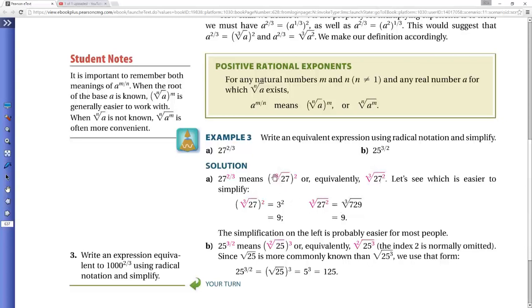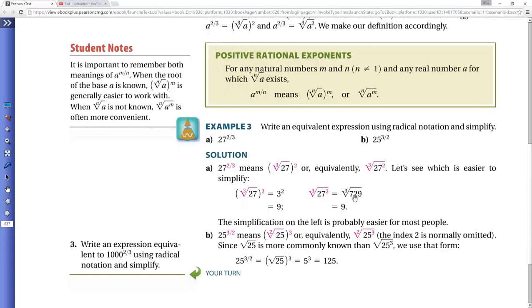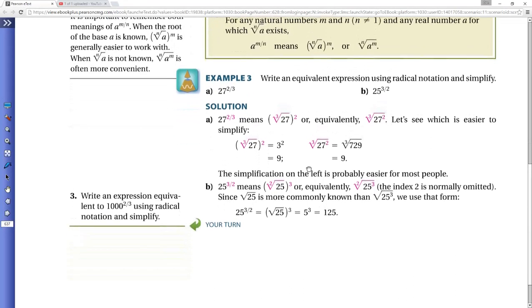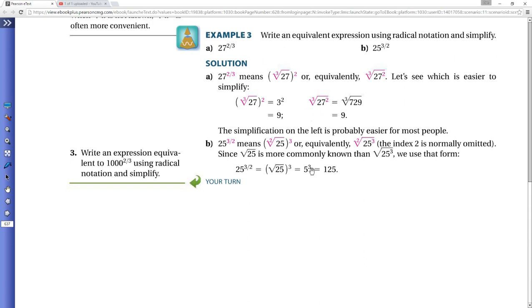In other words, in this case, I would take the cube root of 27, which is 3, and then square 3, and you're going to get 9. In this case, I would go 27 squared, which is 729, and then take the cube root, which seems like a harder method. And we're going to talk about prime factoring and trying to avoid these situations, so we can bring out the roots more easily by doing prime factorization and so on.